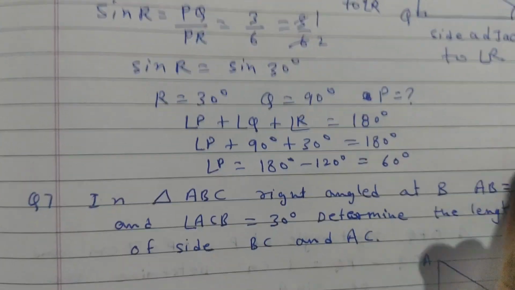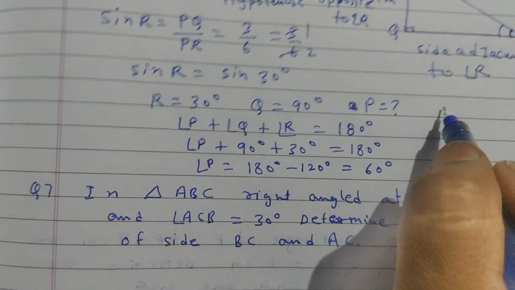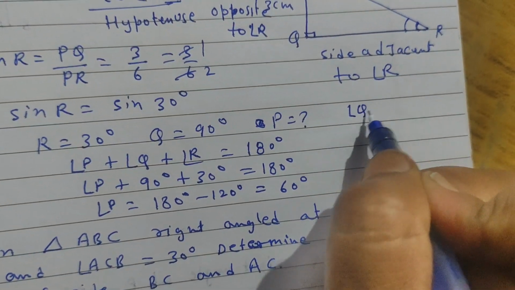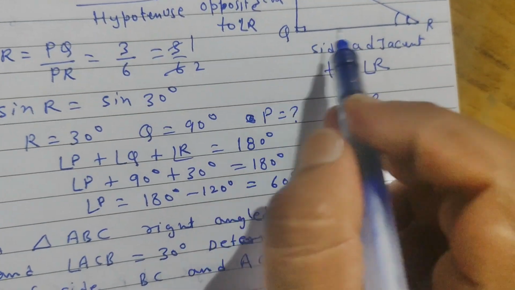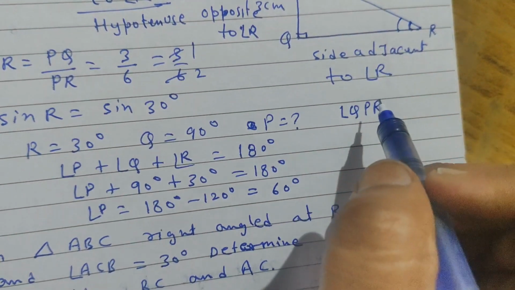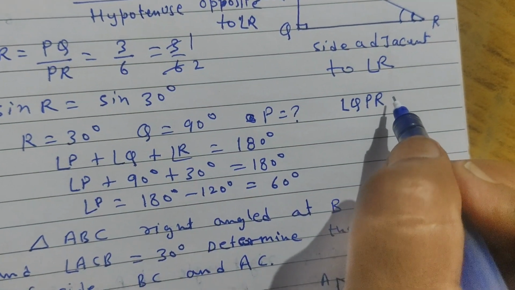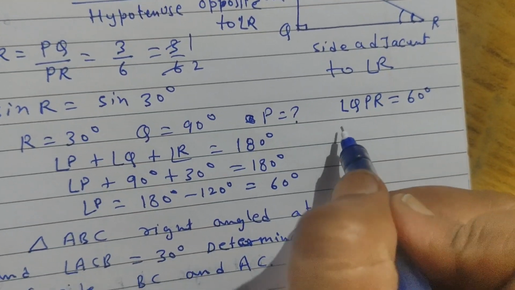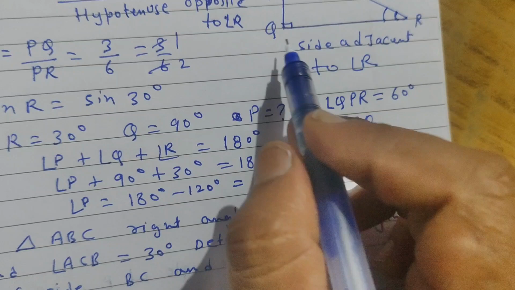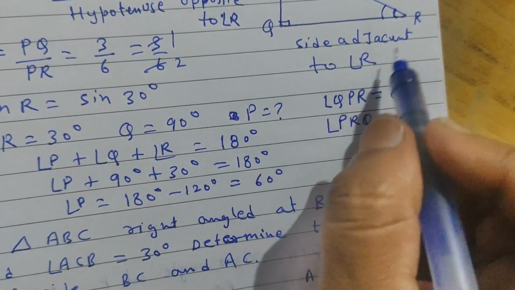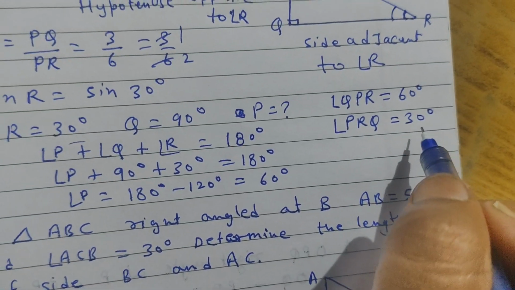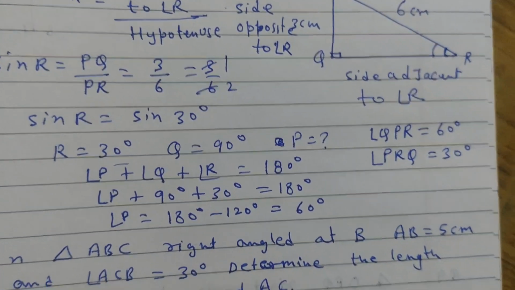So we easily determine angle QPR is 60 degree and angle PRQ, R is 30 degree. So we easily find this value.